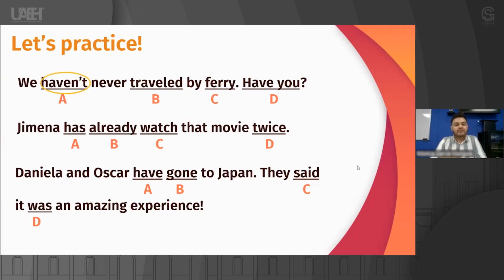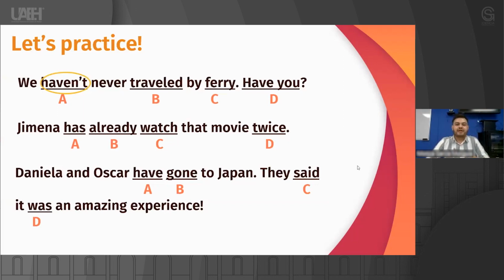The second part is the key one. It's very important because the second part is telling us that this activity is finished. That means that Daniela and Oscar went to Japan and they are back, because they said it was an amazing experience, which implies they are back in Mexico. So instead of gone, we should use been.